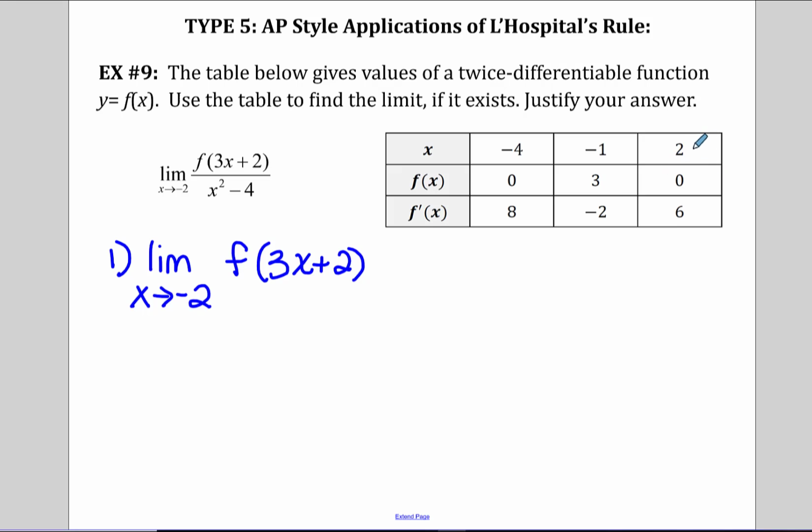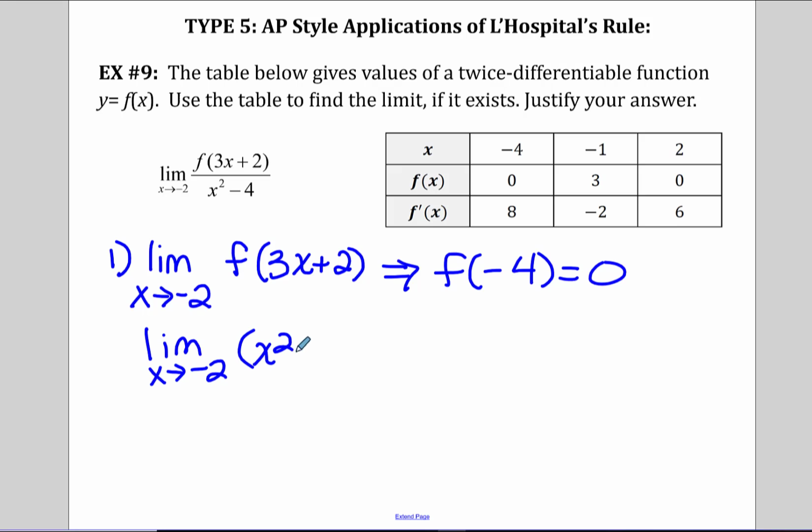Well, 3x plus 2, as x goes to -2, that's -4, so the f of -4 leads us to trouble, and we have 0 there. And in the denominator, simply a parabola at -2, we're also going to end up with 0, so this gives us indeterminate form.